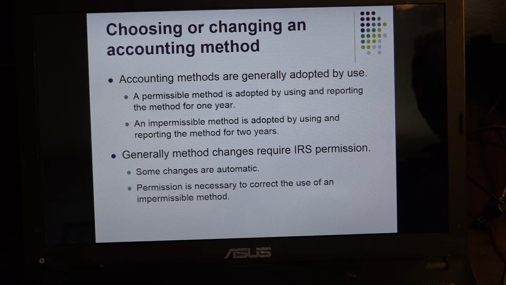Well, that's an impermissible method for a C Corp, but if they use it for 2 years, they have adopted that method. Okay? So, another thing to think about.